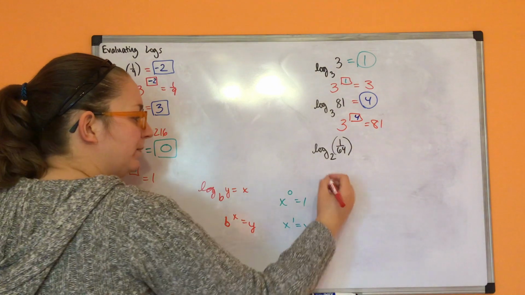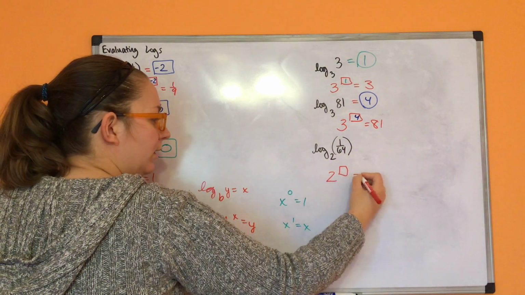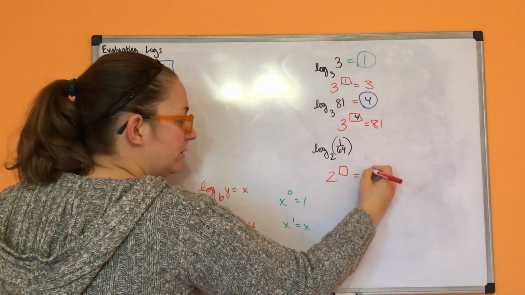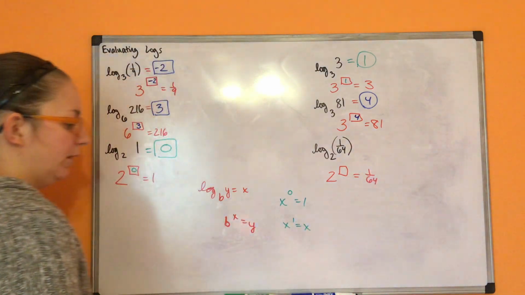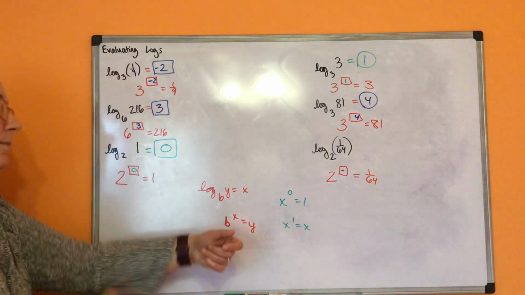Last one of these, log base 2 of 1 over 64. What exponent do I put on 2 to get to 1 over 64? And so first of all, we know it needs to be a negative.